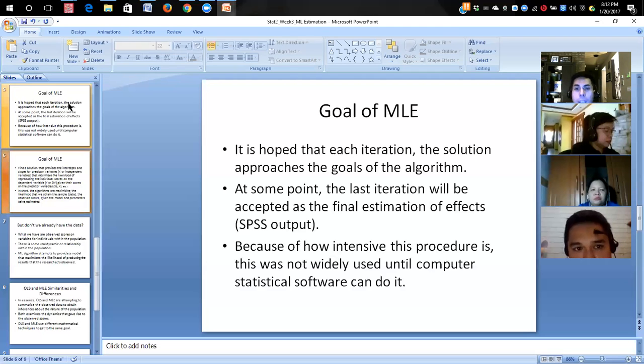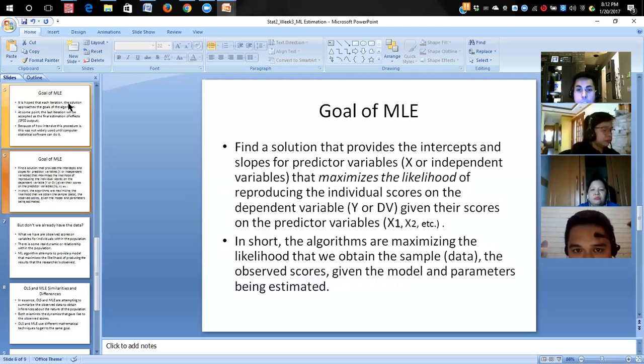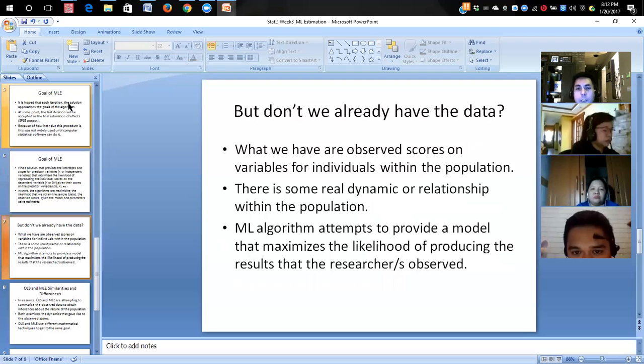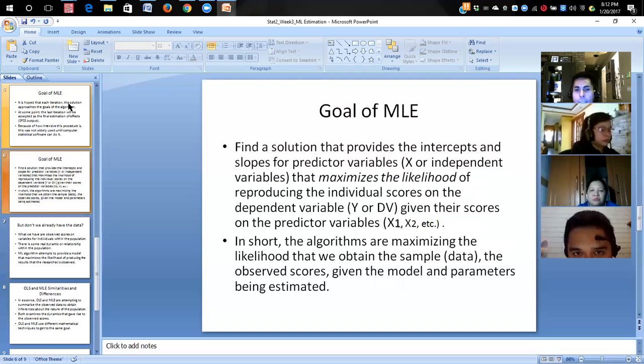So right here, it's probably quite counterintuitive, but let's fast forward right away. The goal of maximum likelihood estimation is to find a solution that provides the intercepts and the slopes. Remember that the intercepts and the slopes are your mathematical formula here, for the predictor variable, which is your x.